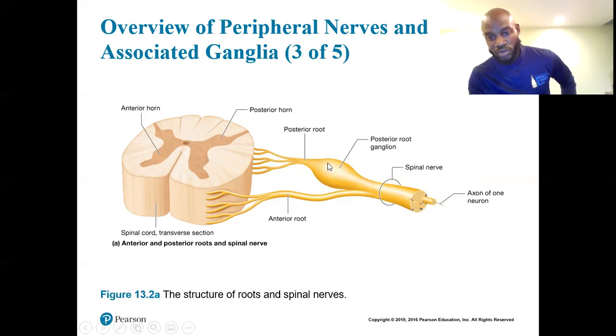This is the posterior root ganglion, where the soma, the cell bodies of the different neurons, are housed. So you have multiple neurons, a bunch of cell bodies housed here, and then their axons extend here.